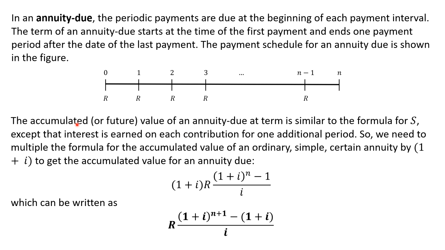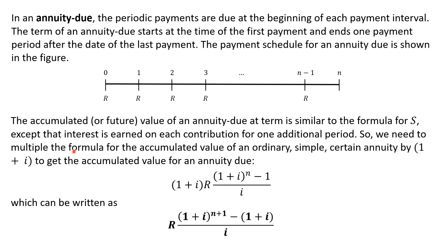So the accumulated or future value of an annuity due at term is similar to the formula for S, again from our very first example of annuities at the beginning of this lesson, except that the interest is earned on each contribution for one additional period.